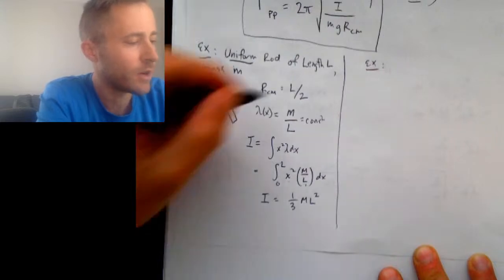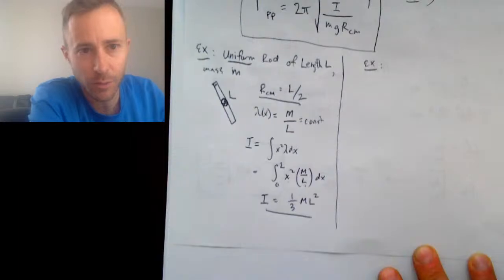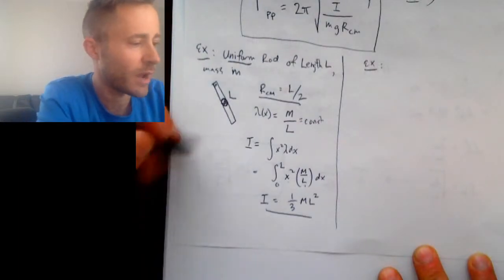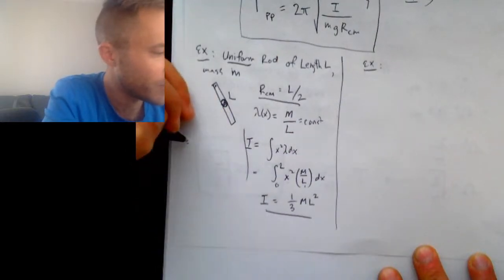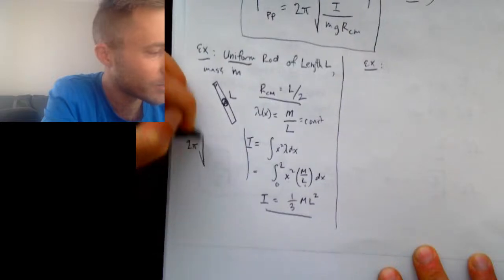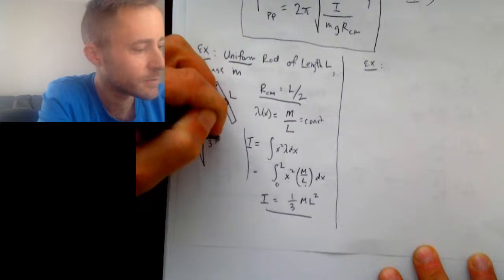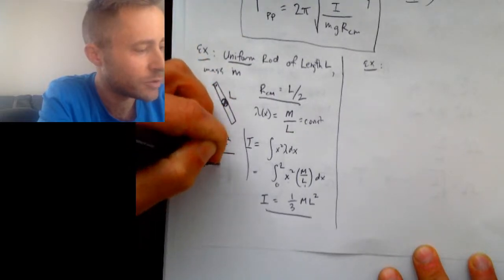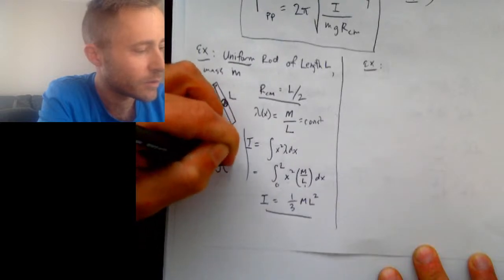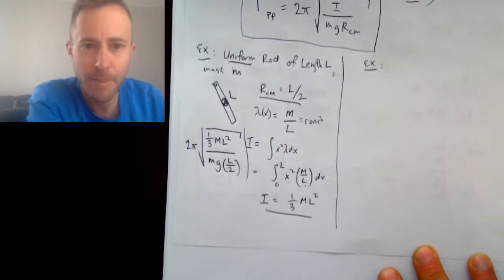Okay, so now I have the two ingredients that you need in order to calculate the period. So I have everything I need. I have 2 pi square root of inertia divided by m g R_CM, like that.